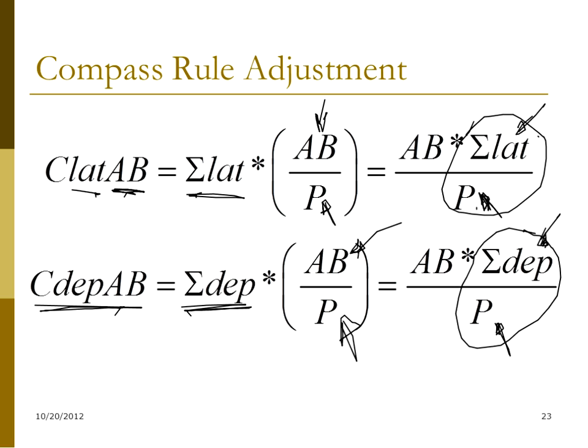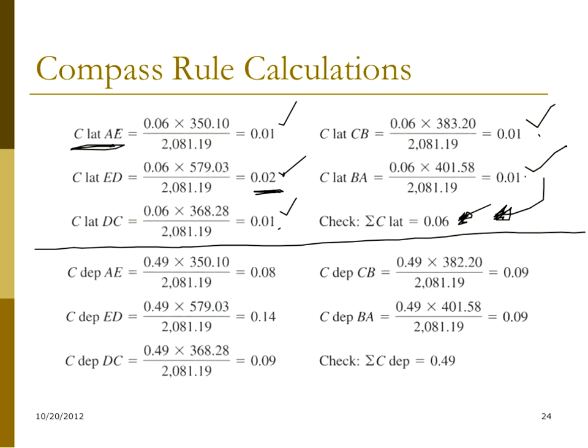Sum of your departure, perimeter, multiply that times your segment distance. In this case, we're correcting for 0.49. So you can see again, it's proportional to the distance of the segment. And if you were to add these up here, they would equal the 0.49 correction. Everybody still with me? So far, so good?